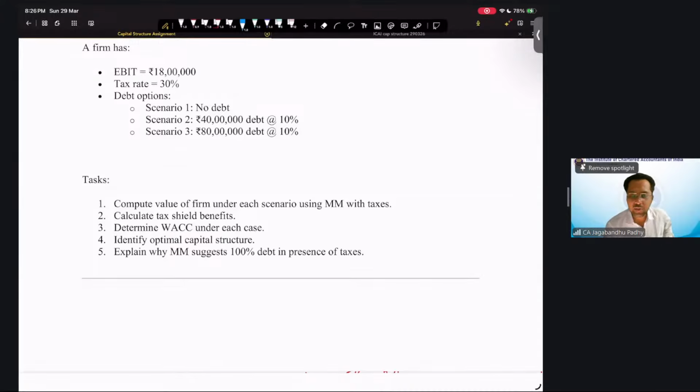Weight of equity, KO is affected by... I'm not getting your question, Asta. Your value of KO is affected by KE and KD as well as weight of debt and weight of equity.